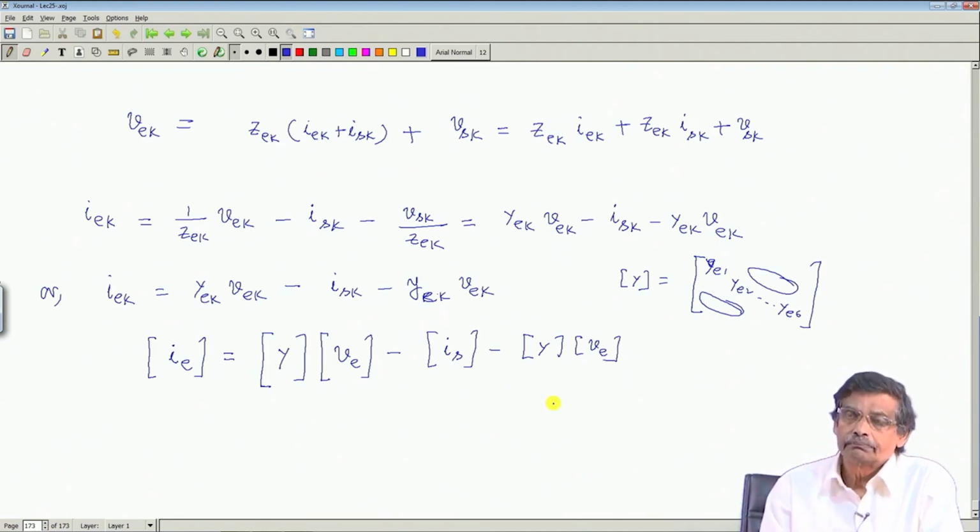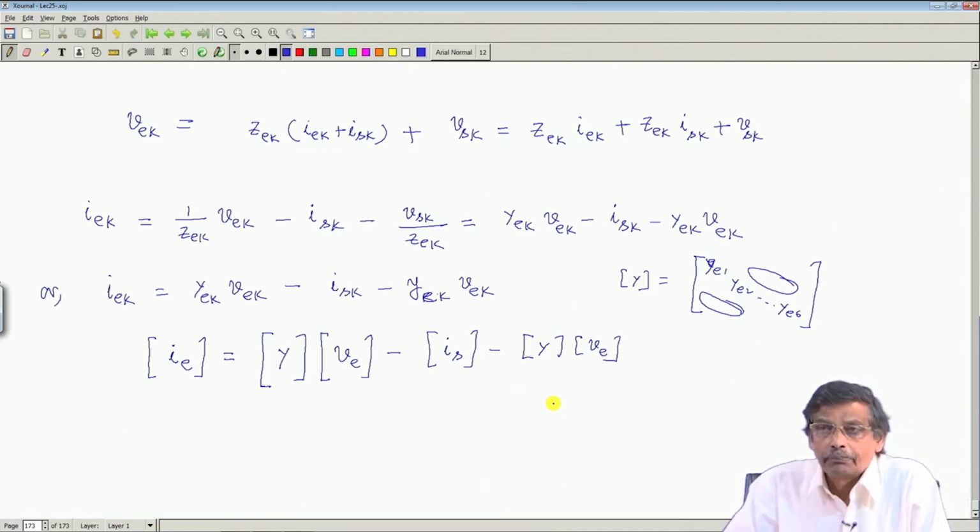Now, in the nodal analysis method, you have to apply KCL.